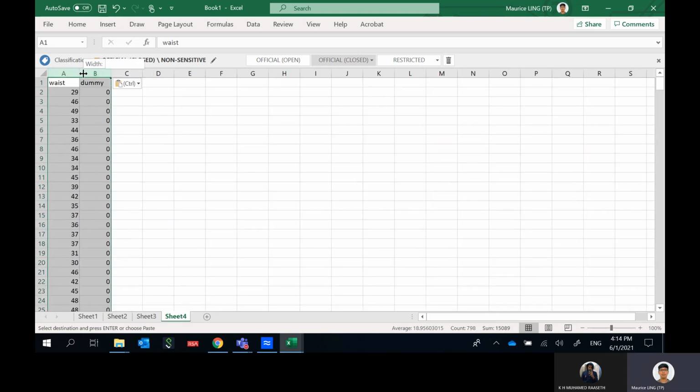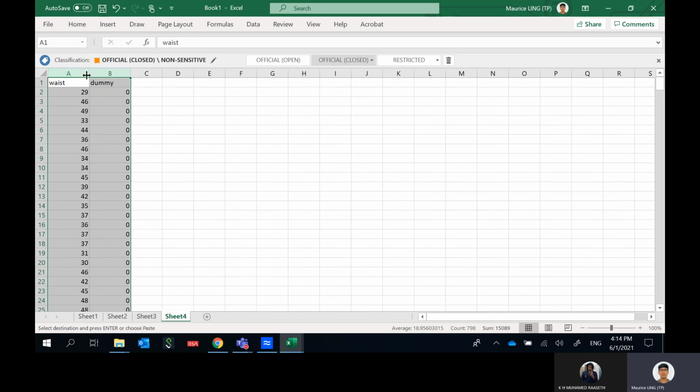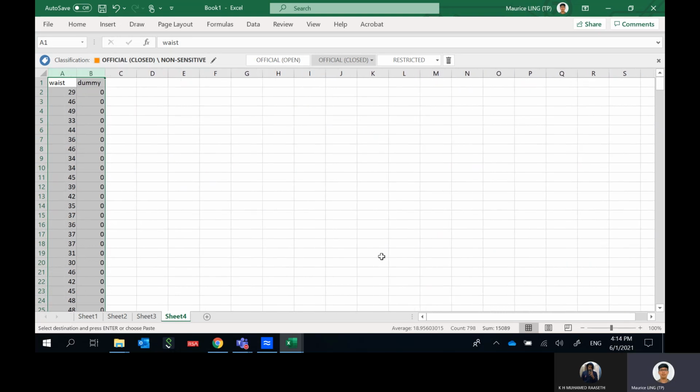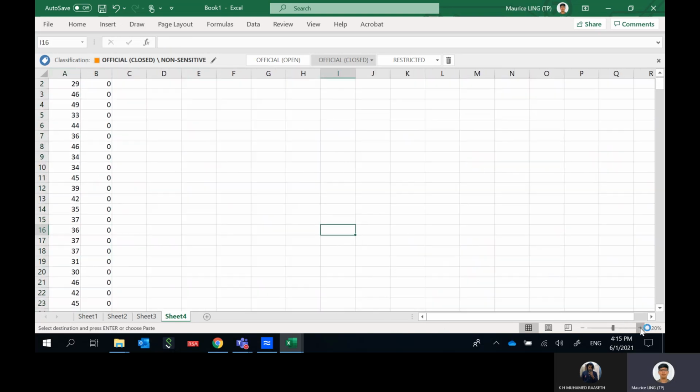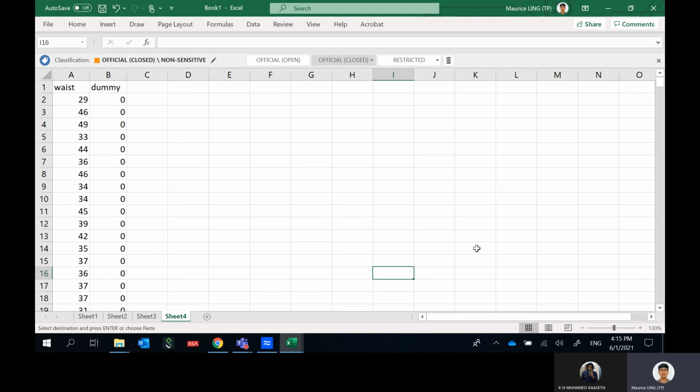But the Z test is a problem in a way. We never actually do the Z test in real life at all. Why? Because number one, we almost never know the population variance. Sample size can be more than 30, that's fine, but we almost never know the population variance.